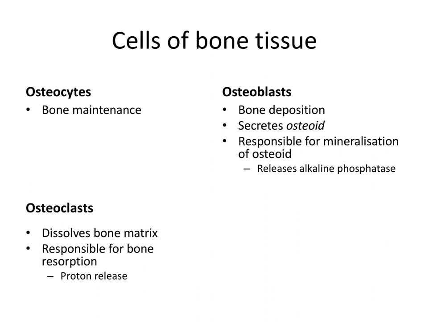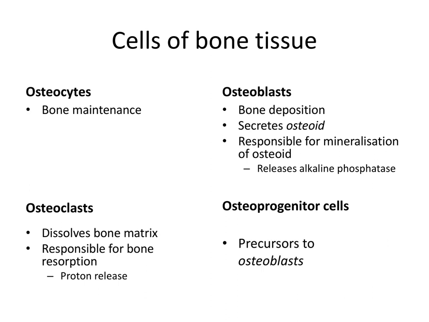So if you can release high levels of protons, then it decreases the pH surrounding the osteoclast, which is going to resorb bone. In addition to these three types of cells, we have the osteoprogenitor cells. These are found on the endosteum and the periosteum of bone, and they're precursors to osteoblasts.